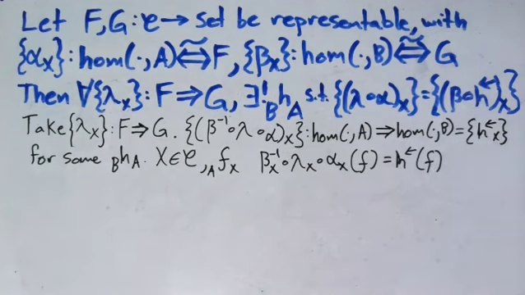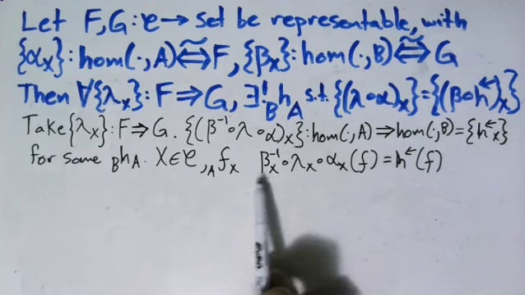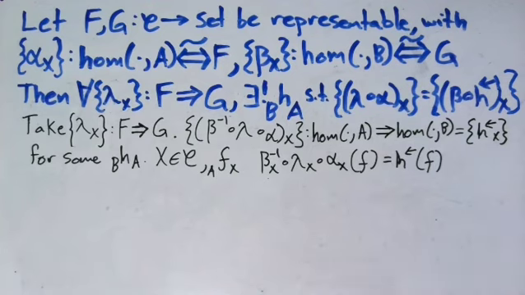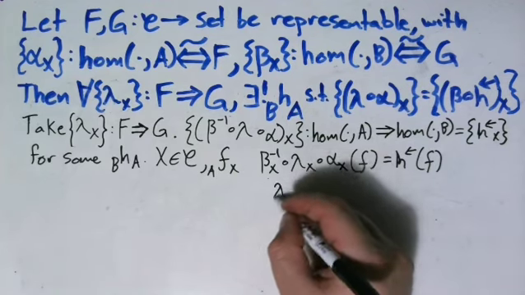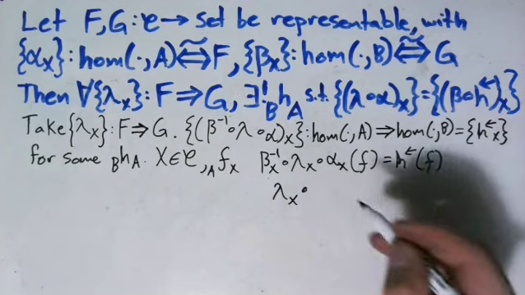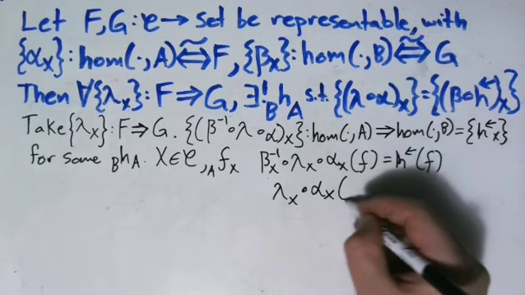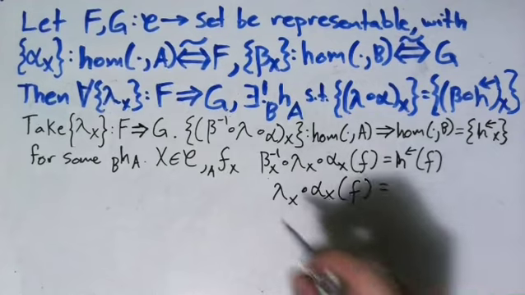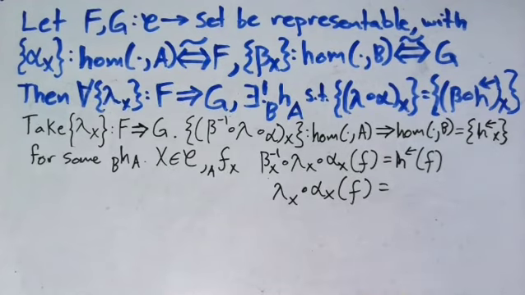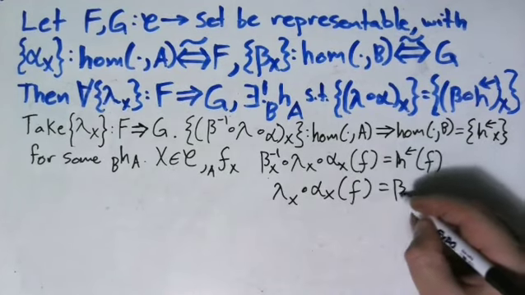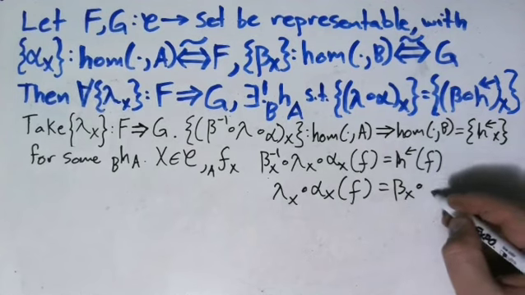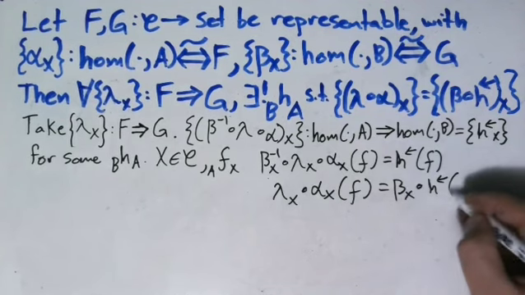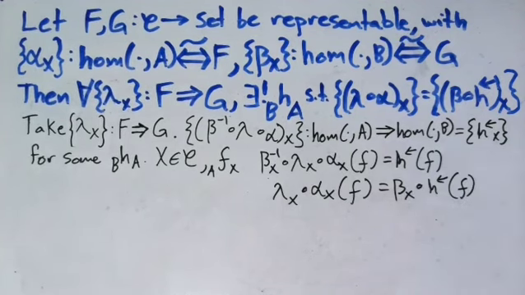But if that's the case, then we can apply beta to both sides of this equation to get lambda x after alpha x of f is equal to, well, those betas are going to cancel, and so on this side we're going to have beta x after "followed by h" applied to f.